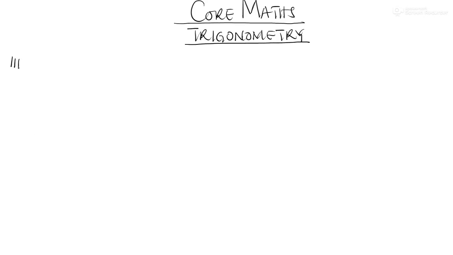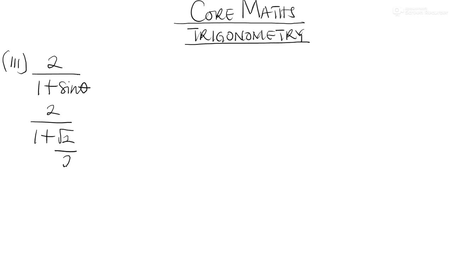So we're to evaluate 2 over 1 plus sin theta. And then we're given sin theta to be what? Root 2 over 2. So 2 over 1 plus root 2 over 2. So we have substituted.